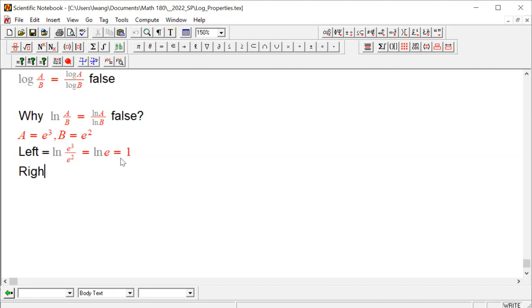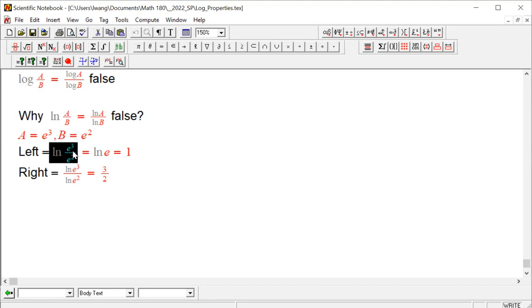And what's on the right-hand side? Right-hand side is that, right? So ln e to the power 3, ln e to the power 2. We've seen all of these examples when we were making the graph, right? And that equals to 3/2. And 3/2 obviously is not equals to 1, right?